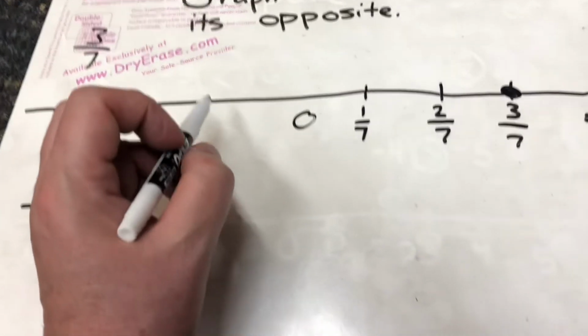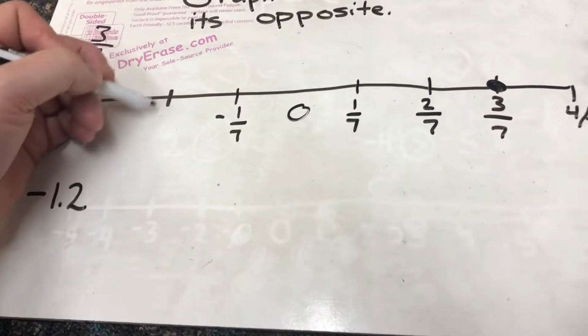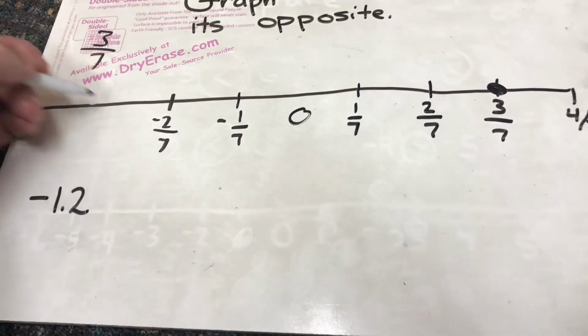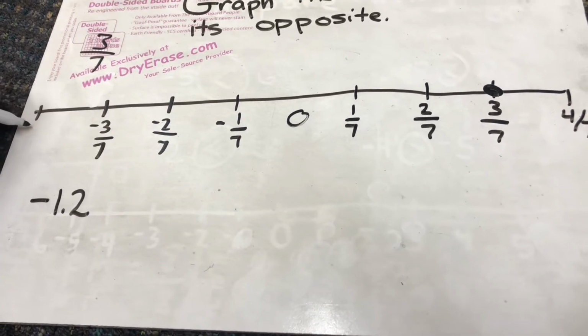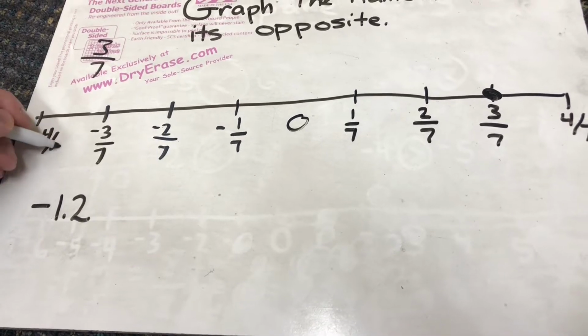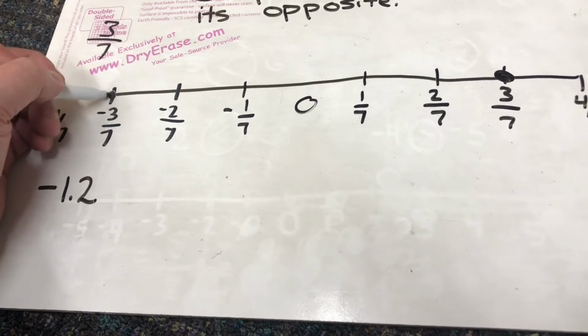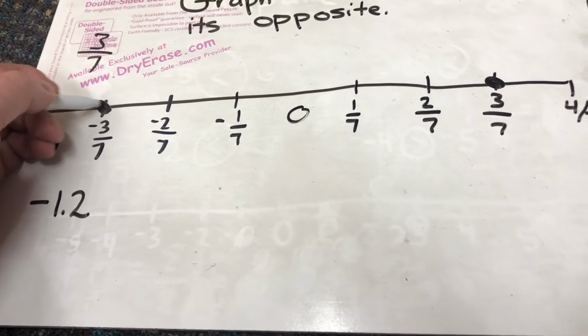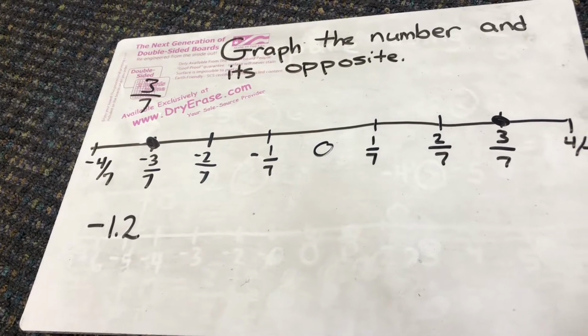Then I'm going to come to this side, and we're going to have -1/7, -2/7, -3/7, and -4/7. And the opposite of 3/7 is -3/7. So I fill that in, and that's where we're at.